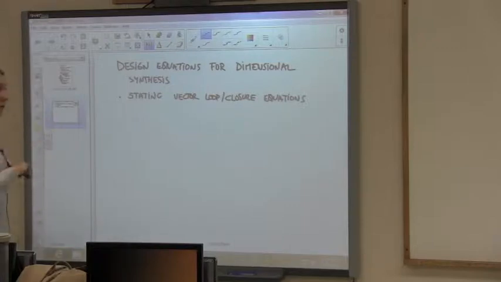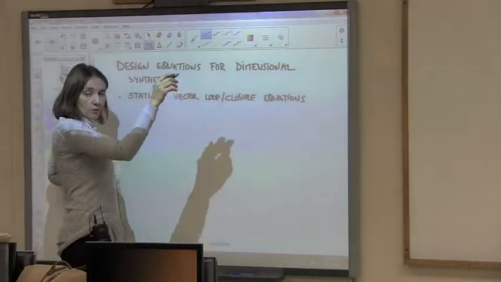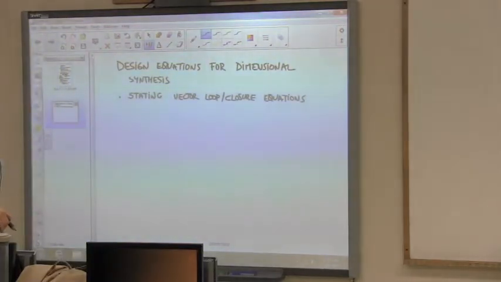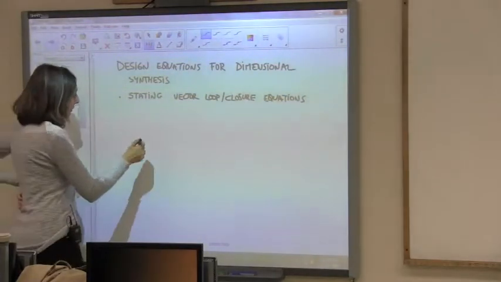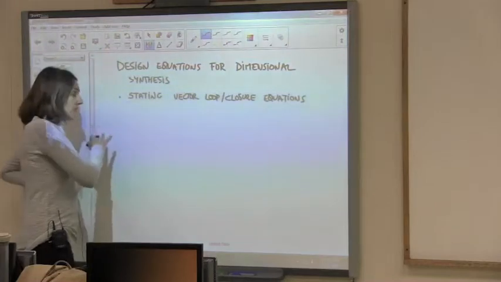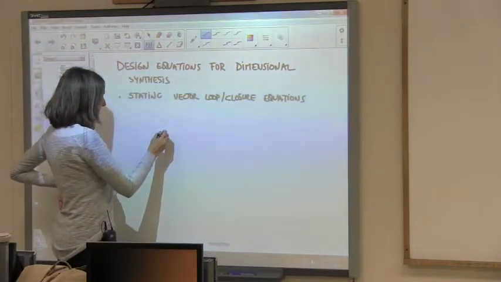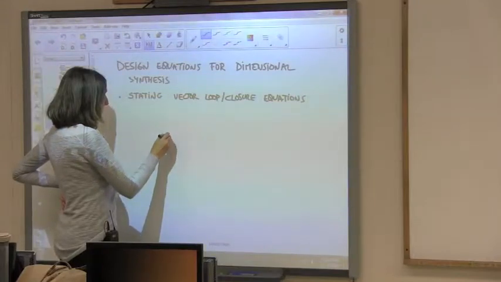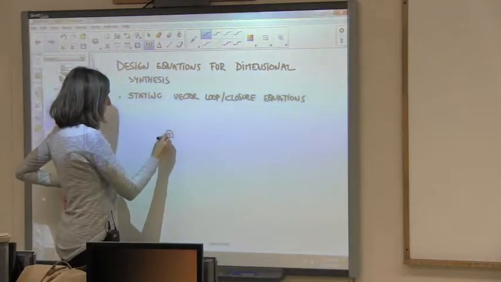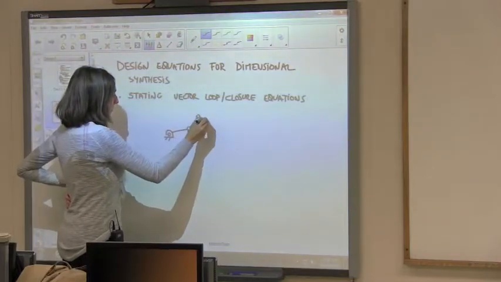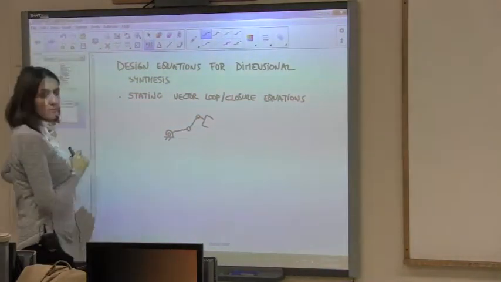So creating loops, you go through your chain and you arrive at this position, and this has to be equal to this input displacement that we have. We are not going to cover this right now, we will do the second way, but let's just take a very simple planar robot. So here we have something like this, okay?